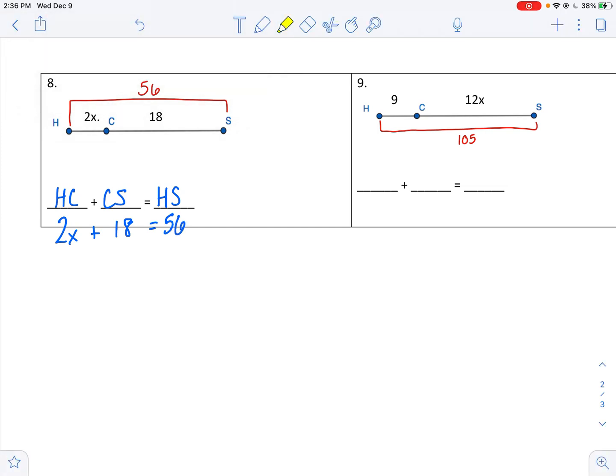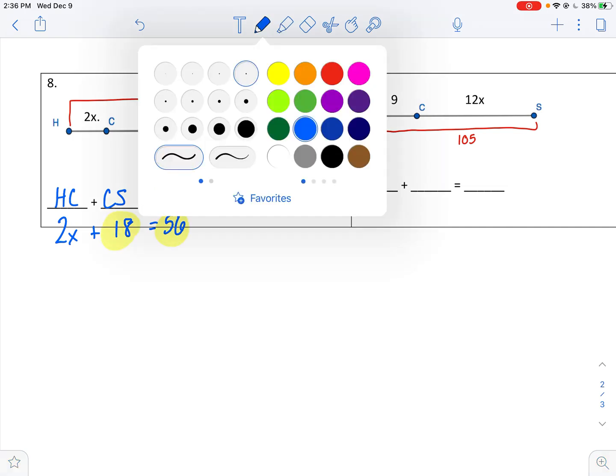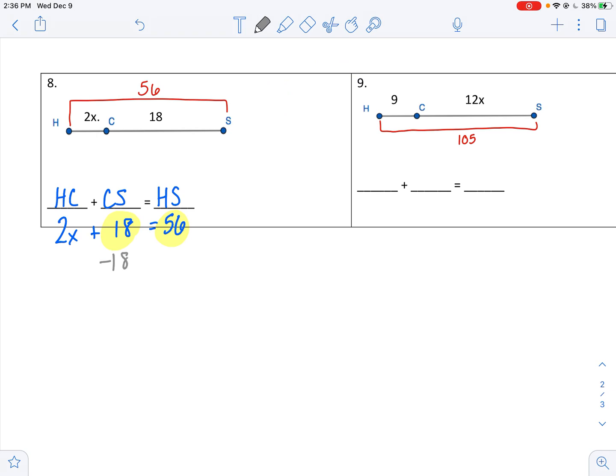And my like terms, what are they? 18 and 56. Those are the ones that I need to get together. So I'll subtract that 18 off to get it over on the other side. And then I'm left with 2x equals 38. So then I can divide by 2, and x equals 19.